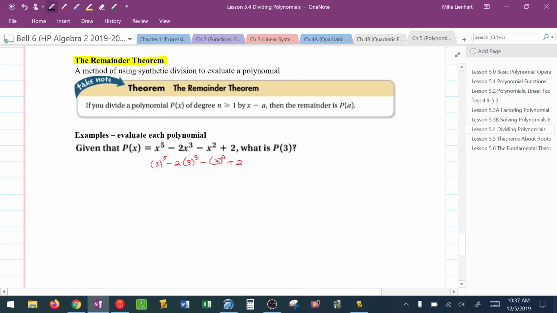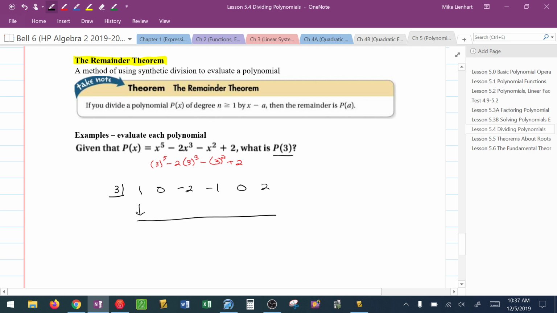Instead of finding a 0, this number is our box number. I list the coefficients, making sure that if any get skipped, I include them. I have 1x to the 5th, 0x to the 4th, negative 2x to the 3rd, negative 1x squared, 0x, and a 2.